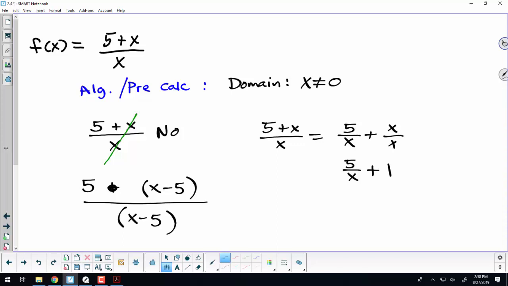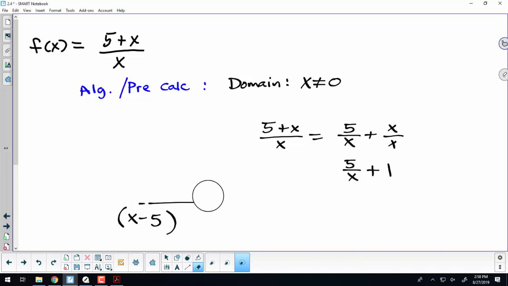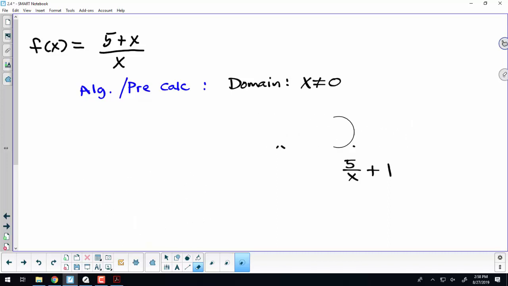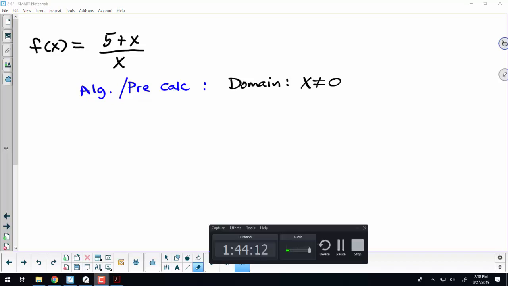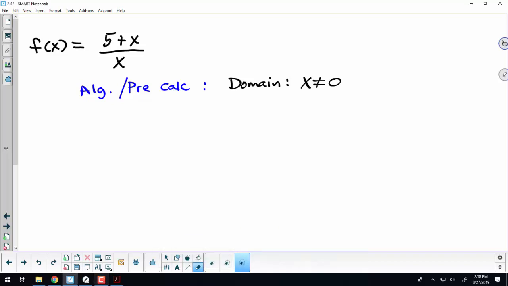I know that might seem like a very simple algebra thing, but I still see people in Calc 1 and sometimes in Calc 2 still do that. So basically, if it's too easy, don't do it. I don't know if that's a rule of thumb or not. Just look at specifics. If you're not sure, just say I'm not sure about that.